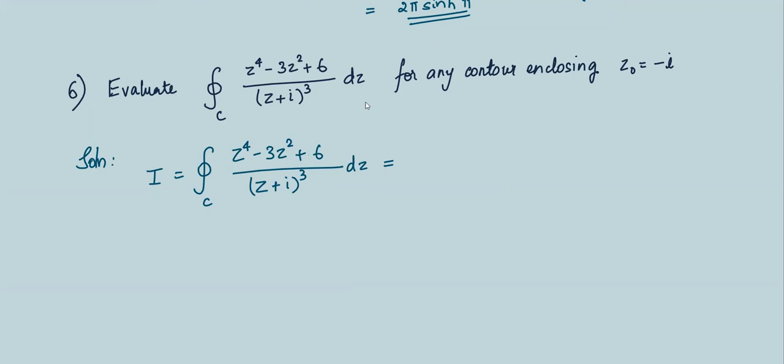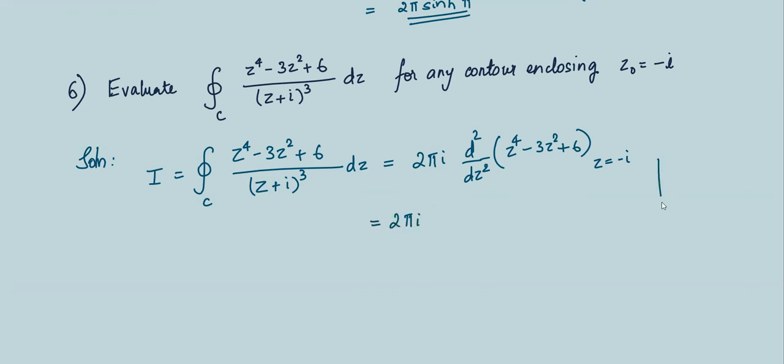is equal to, since this is a cube, 2 pi I times the second derivative of the numerator at z equal to minus I. So let's differentiate it twice.